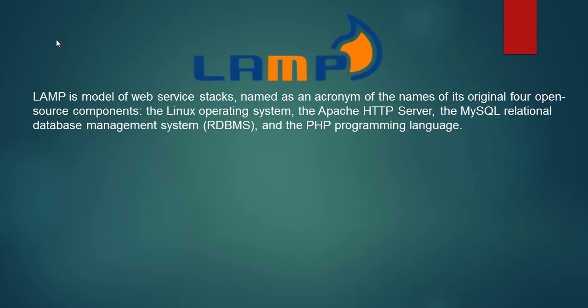LAMP is a model of web services stack named as an acronym of the names of its original four open source components: the Linux operating system, the Apache HTTP server, the MySQL Relational Database Management System (RDBMS), and the PHP programming language.